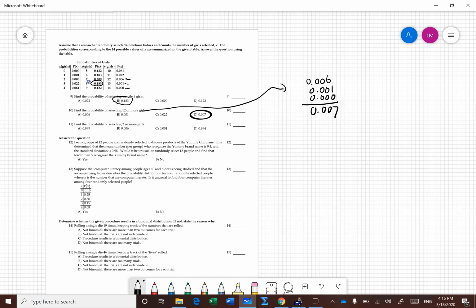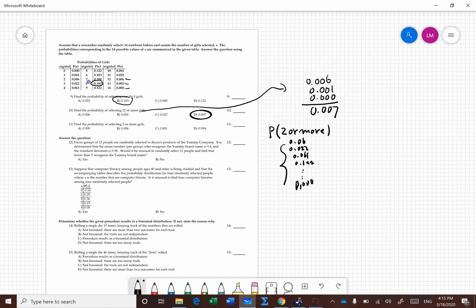Okay, number 11, find the probability of selecting 2 or more. You can add starting from 0.06, 0.022, 0.061, 0.122, all the way to 0.000.